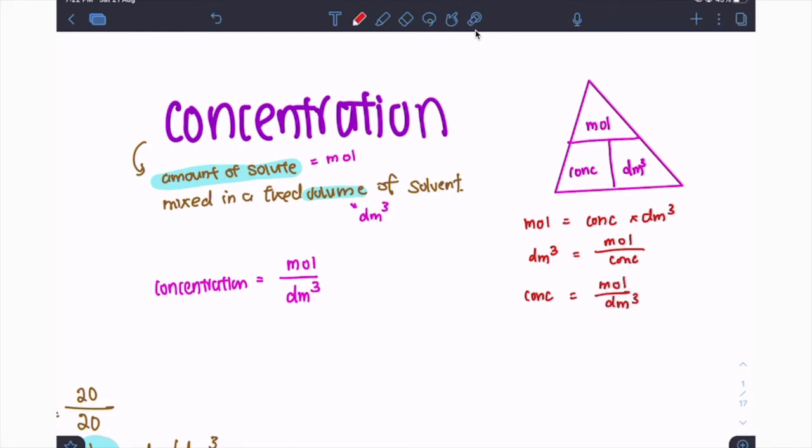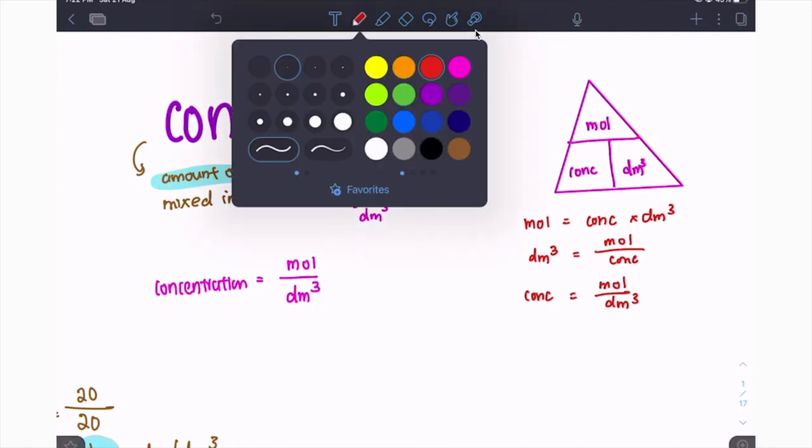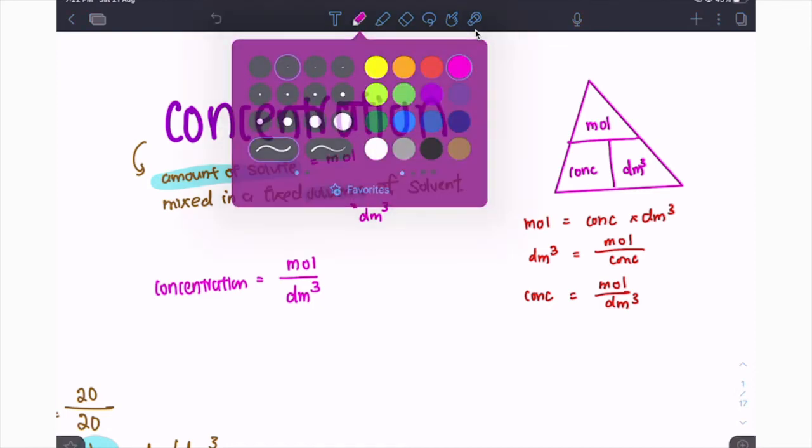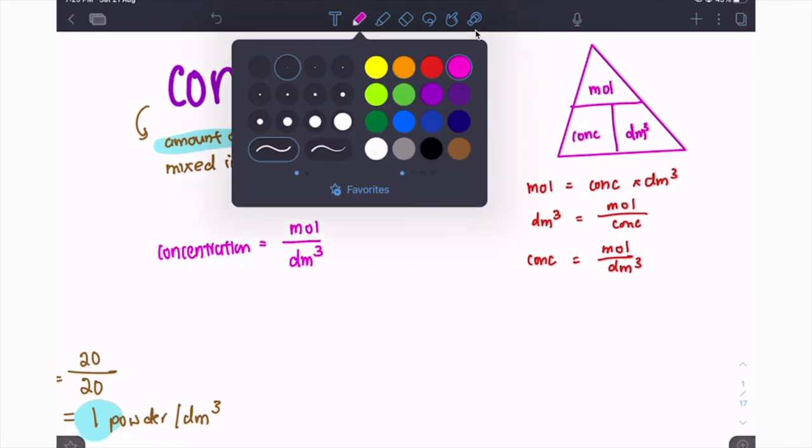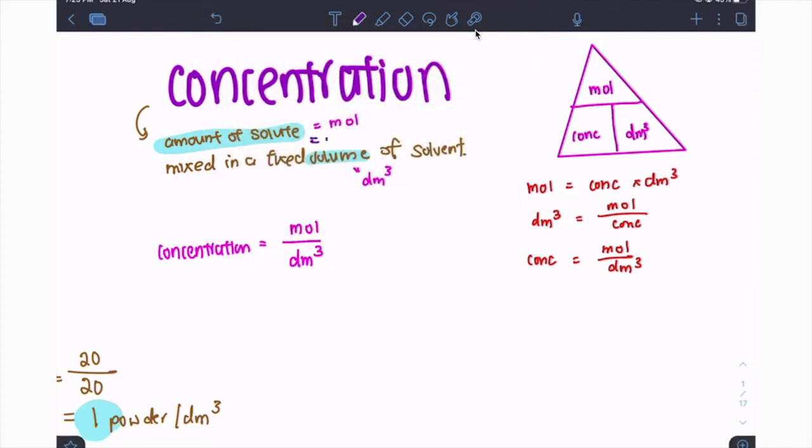Now, for concentration, some people are still very unfamiliar with the word mole. So it is possible that we quantify the amount of solute not in terms of mole, but in terms of grams, which is something that we are more familiar with. But in the same way, concentration is going to have a similar formula, where we have gram divided by dm cube.